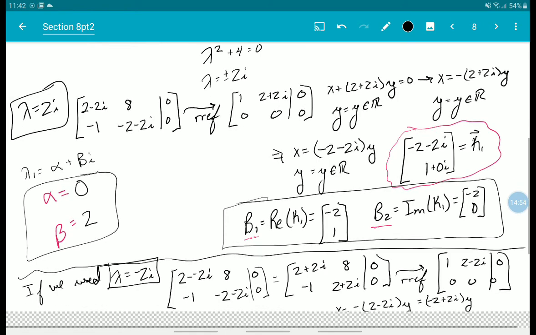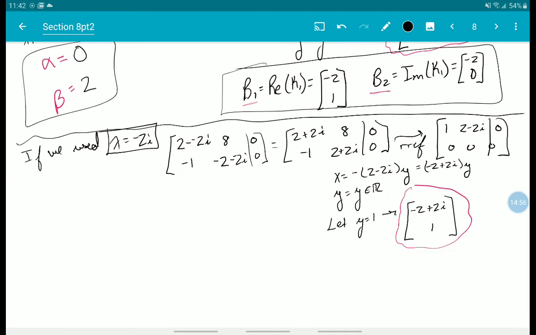So if we want to write that final solution, x1 is equal to b1 cosine of beta t minus b2 sine of beta t, times e to the alpha t.